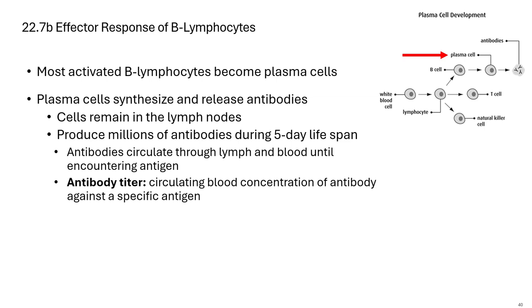And these circulating antibodies are different than the basic receptors on other cells in that they're circulating in the blood and they can encounter pathogens as they pass them in the blood circulation. So they're different in that sense than the bound receptors on our B cells.